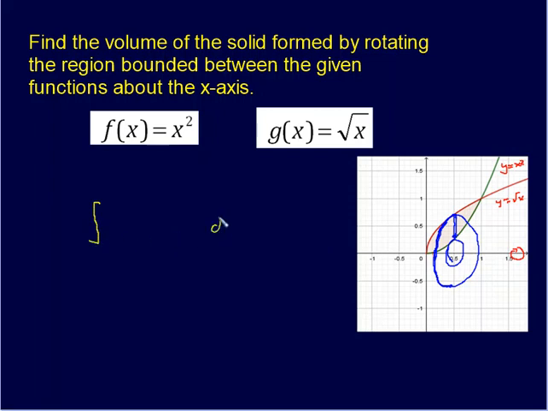So the ending will be dx. And then our template, remember, is pi times each radius squared. So the key here is to look at the picture and determine how you're going to measure each radius. In fact, I'm going to make a little room for this by moving these down a little bit.